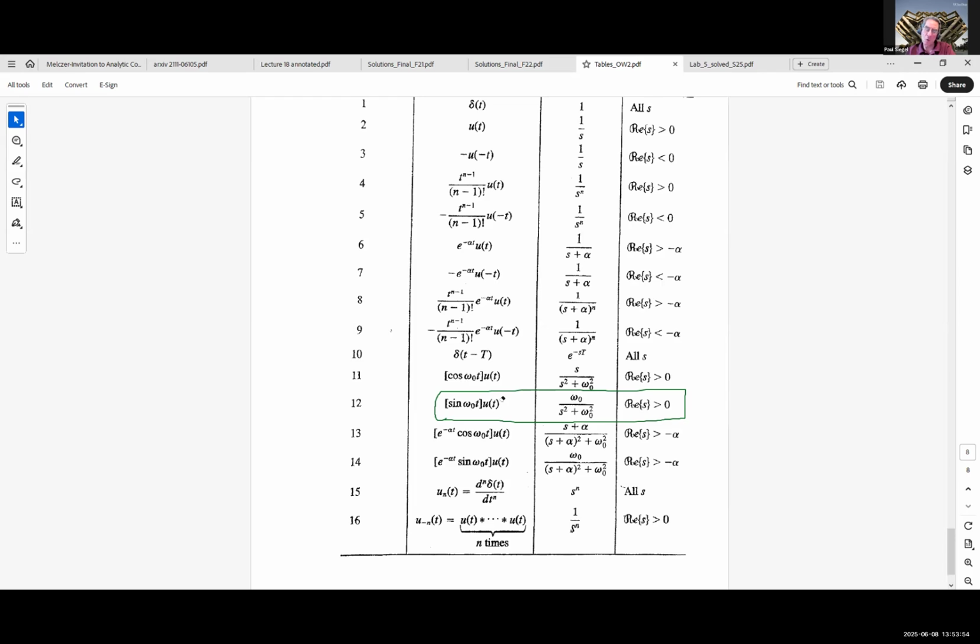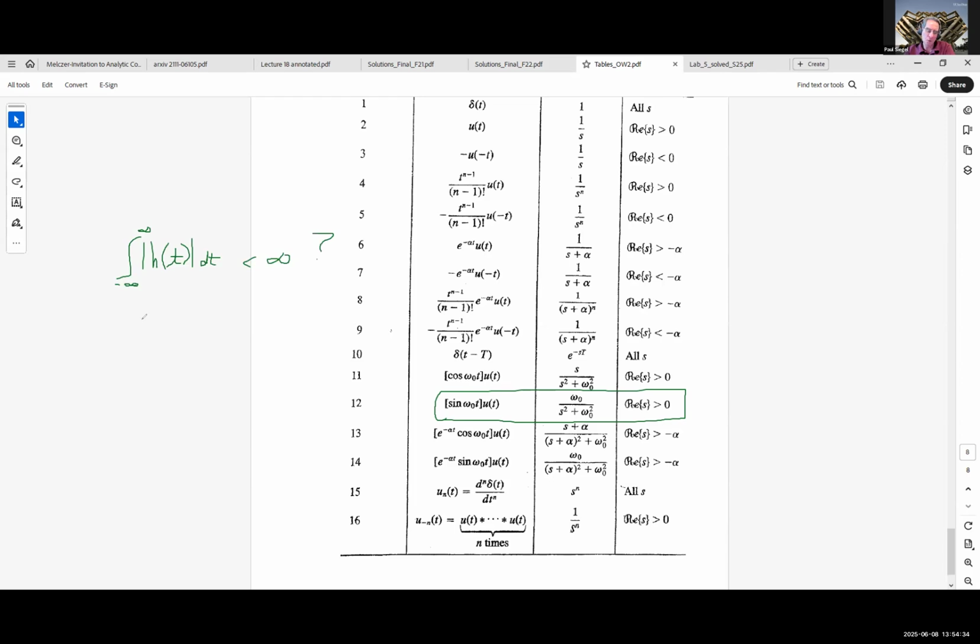So what it means is that this thing is not absolutely integrable, right? If I take the magnitude of a sinusoid. So here's what we want to know. We want to know, is it true that the integral of h of t dt from minus infinity to infinity is just a finite number, or does it blow up?